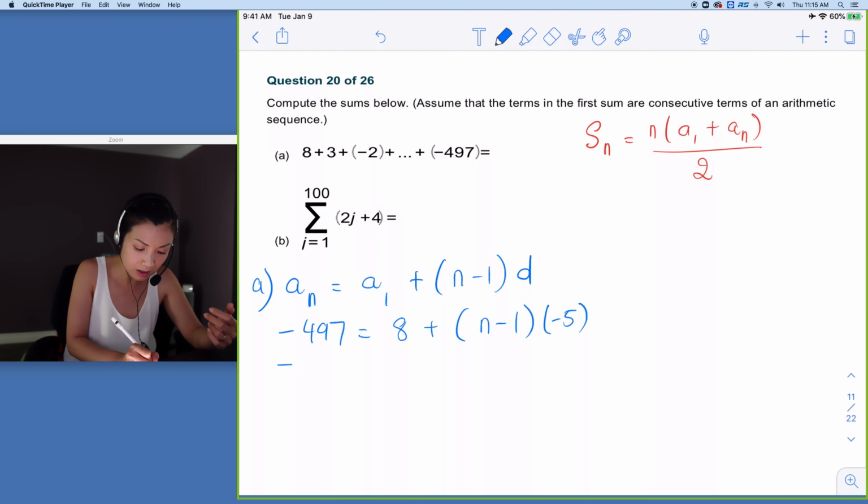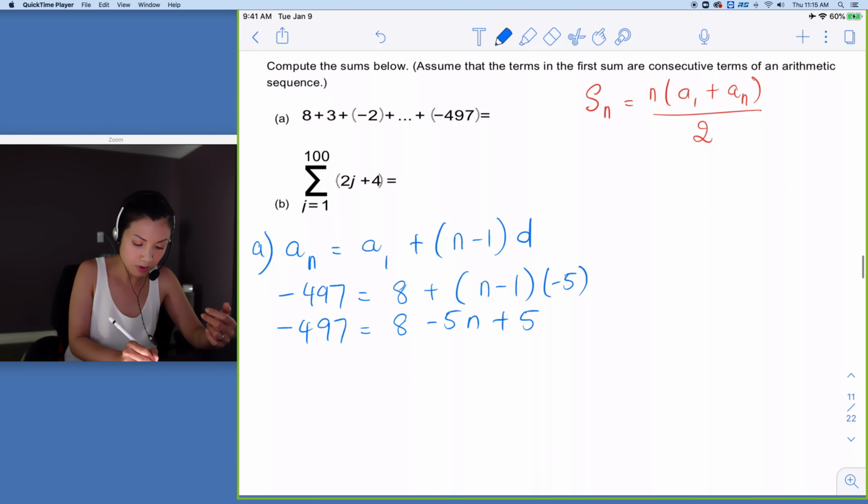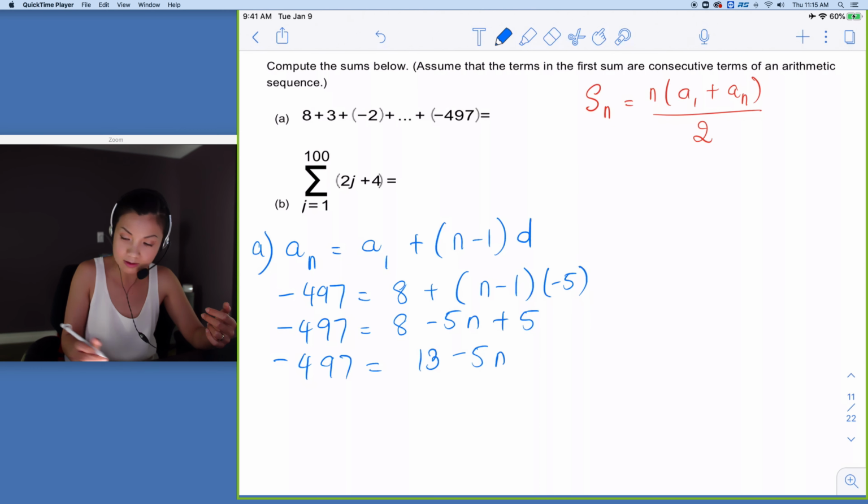And then from here, you just calculate to solve for n. So what I have right here, if I distribute negative 5, I get negative 5n plus 5. And then from here, I'm just going to go ahead and calculate for n. So I got 13 here minus 5n.